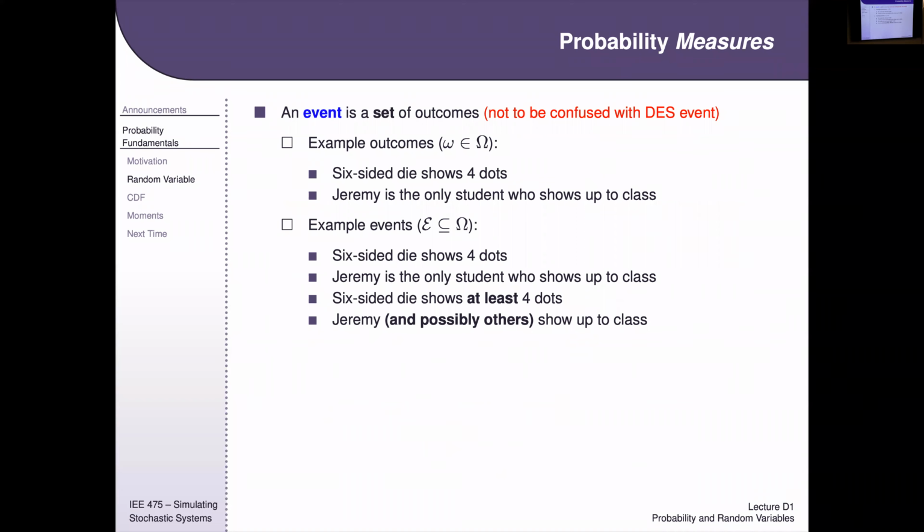All right, so from there, for every outcome, we have to create, and it's unfortunate that we use this term, but this is just a traditional term independent of this class, an event. So an event, in this case, is not a discrete event system event. An event in probability terms is just a set of outcomes.